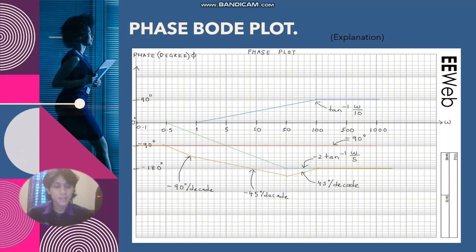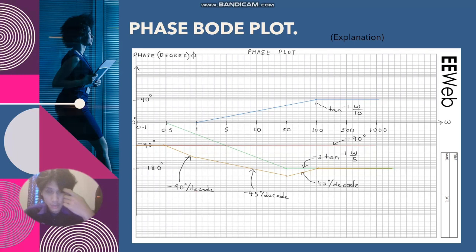So as you can see, the blue line shows the tan inverse of omega over 10. The red line is negative 90. The green line is negative 2 tan to the power of negative 1 of omega over 5.